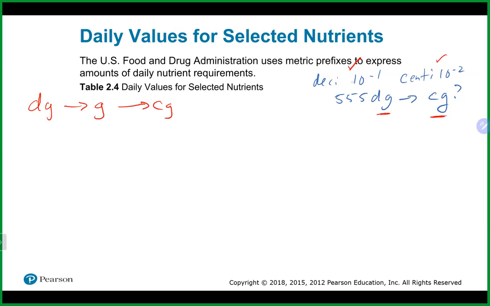So in terms of deci, what that means is in 1 decigram, there would be 10 to the -1 grams. And for centi, in 1 centigram, there would be 10 to the -2 grams. So again, those are the proper equalities that you would get from that.